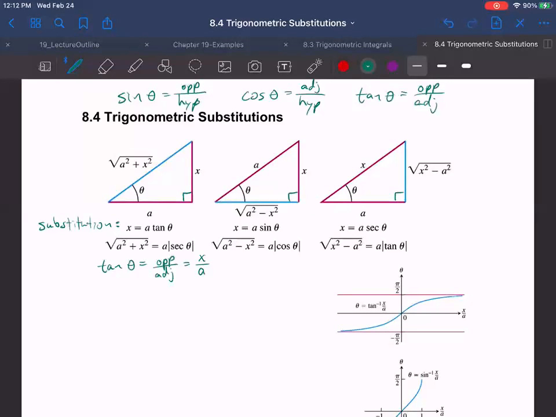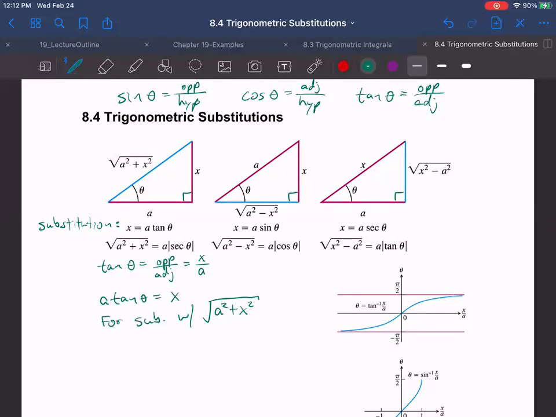So then we multiply both sides by a, and we get a tan theta equals x. Doing this from our first little picture there on the left. So a tan theta. So we want to use this for substitution with square root of a squared plus x squared.